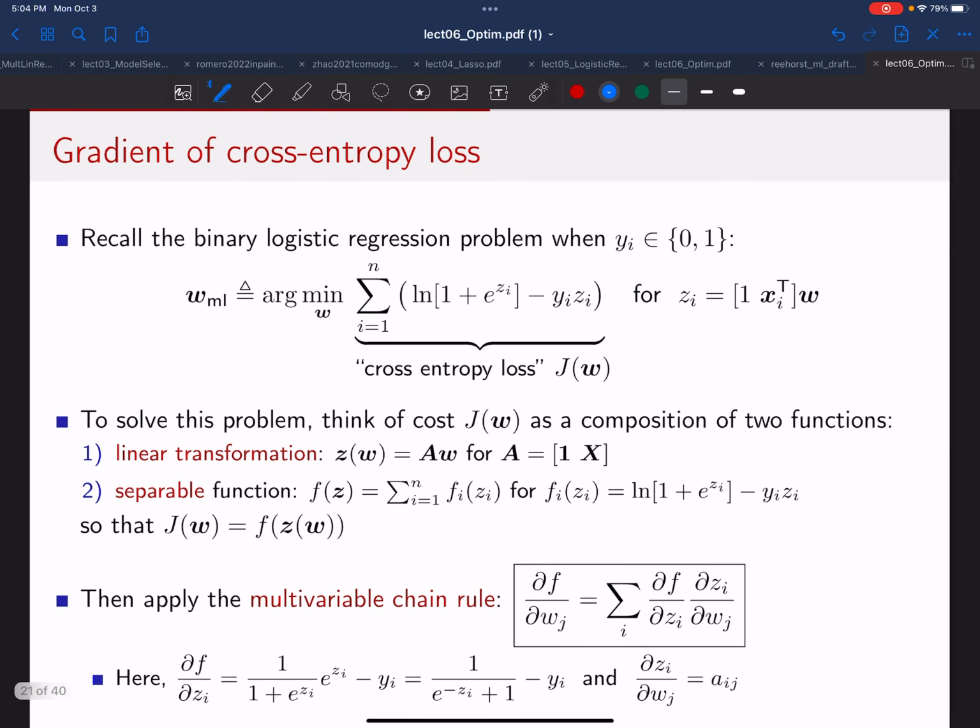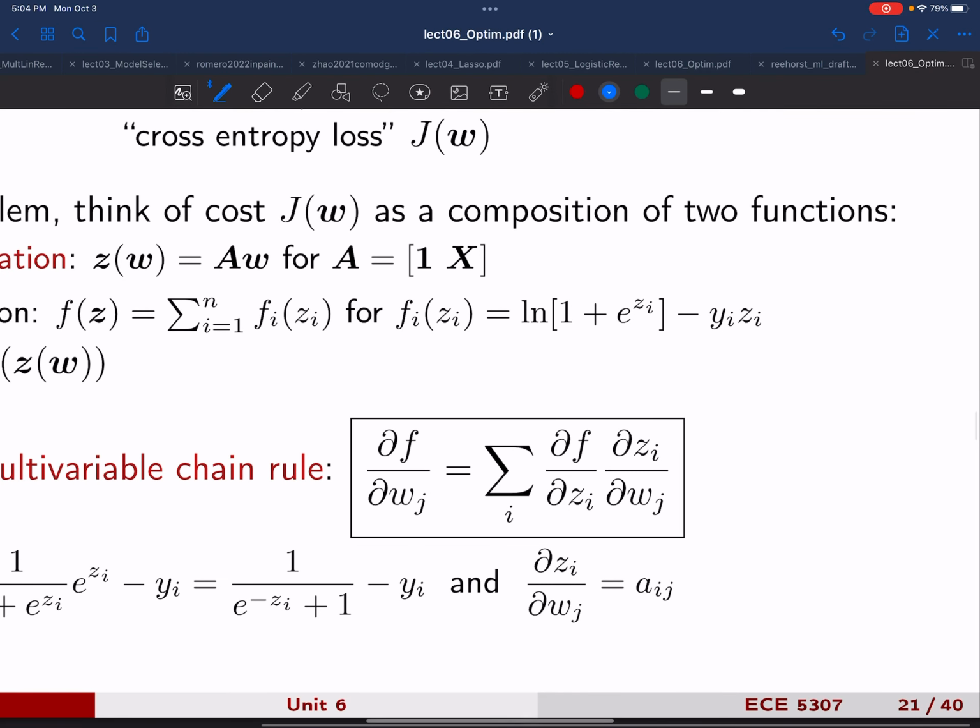Maybe I could draw a little computation graph here. We have f, which is a function of all these zi's, and then all those zi's are a function of these wj's.